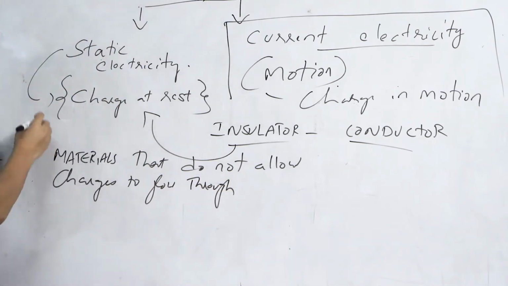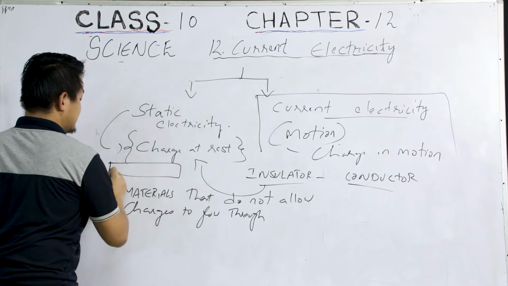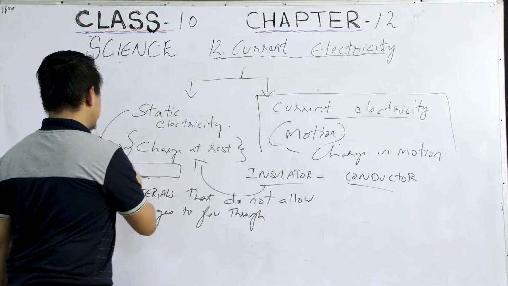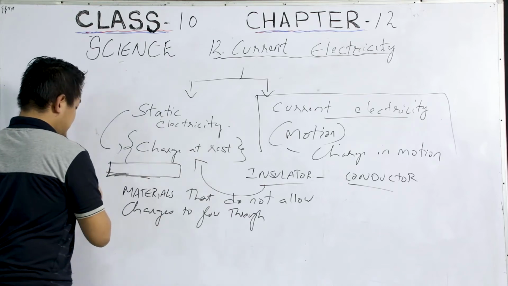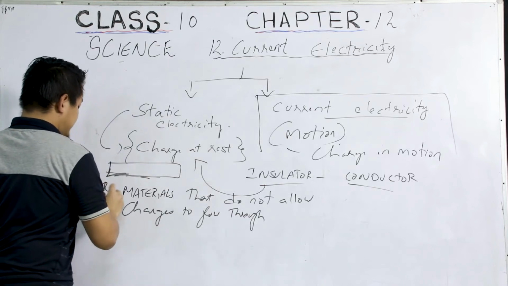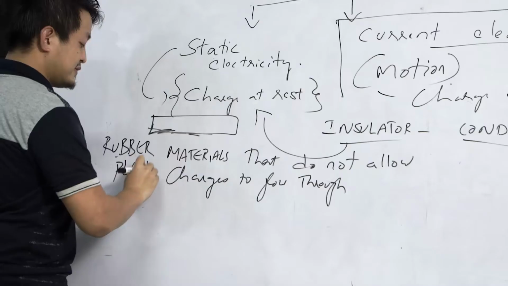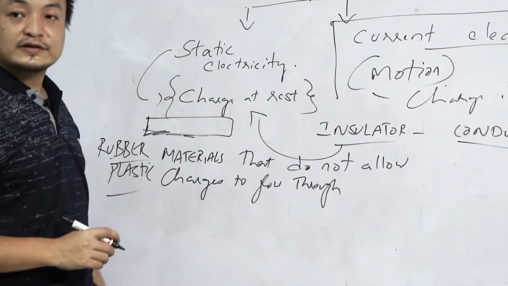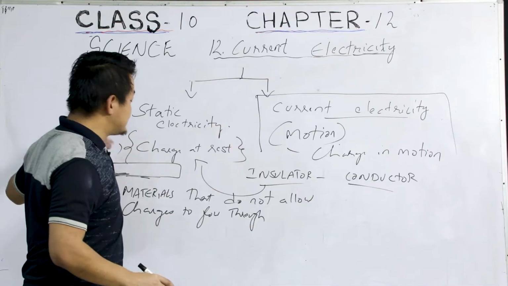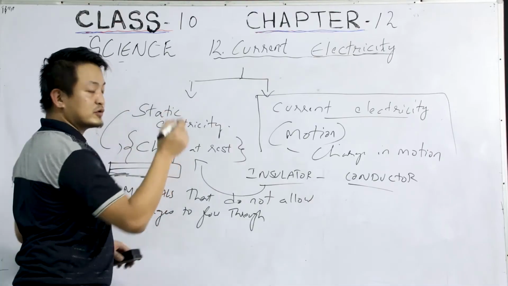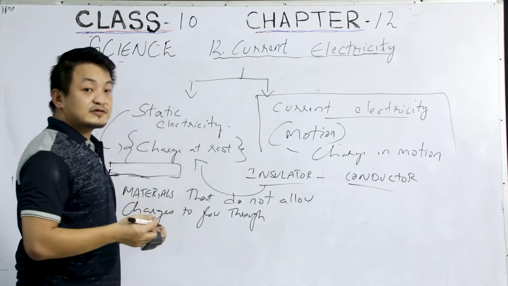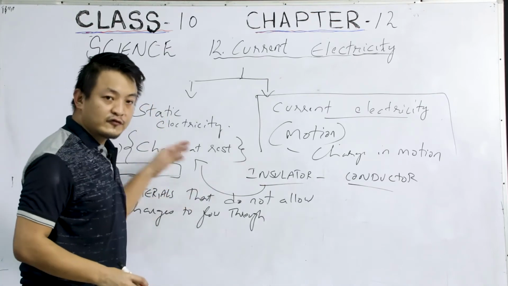It can be non-metals, it can be rubber, it can be plastic. All these are insulators, because they do not allow charges to flow through. So here there won't be any electricity because there is no flow of charge.